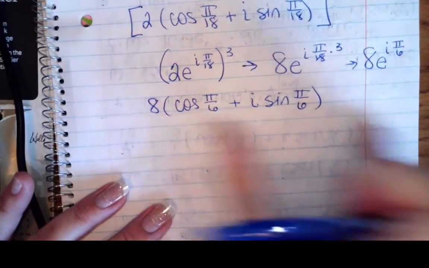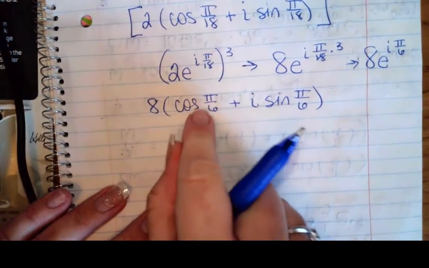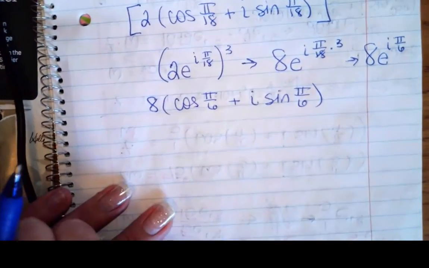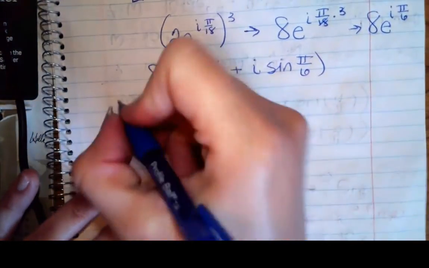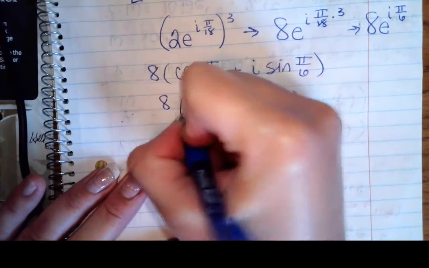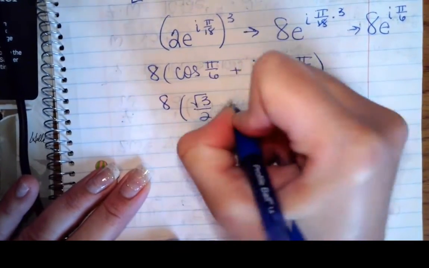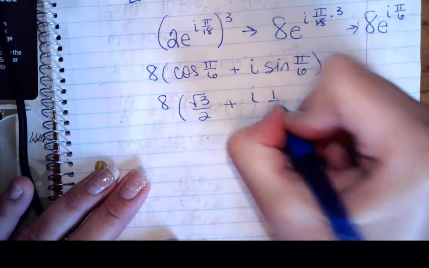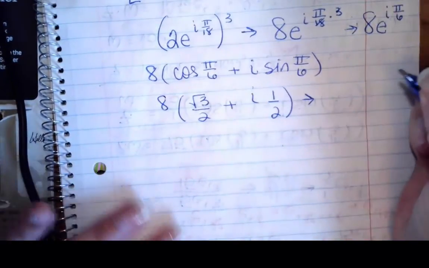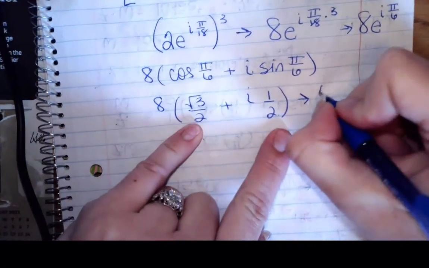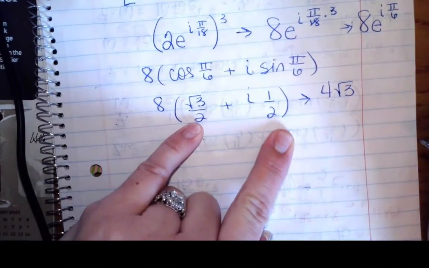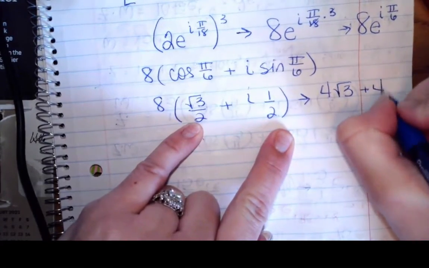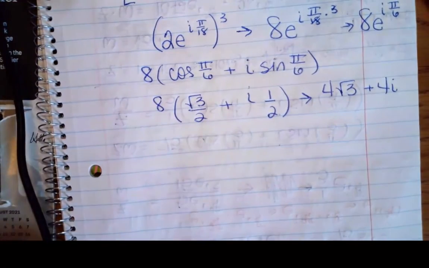That's where you would stop. But I want to go into rectangular. So I need to know, are these benchmark angles? And they are. So what's the cosine of pi over 6? It is root 3 over 2. Plus what's the sine of pi over 6? It is 1/2. So in rectangular form, I've got 4 root 3 plus 4i.